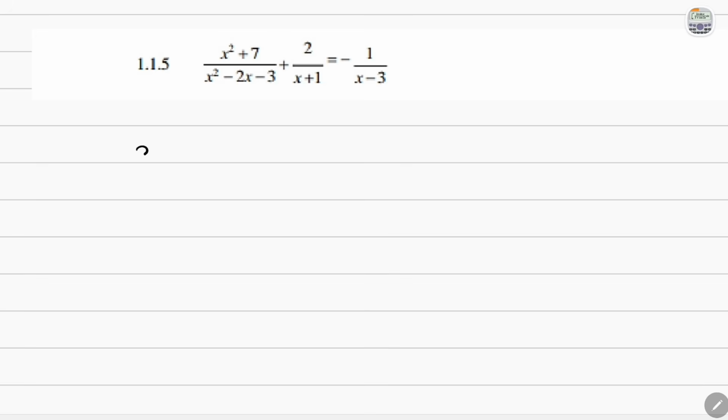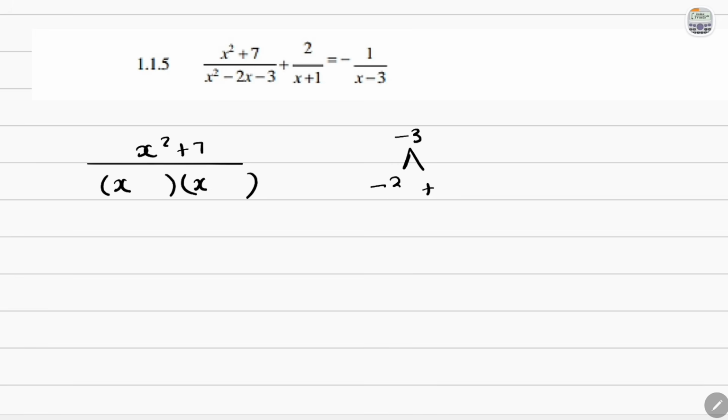So the numerator is still x squared plus 7, but then the denominator will factorize to open up two brackets, and what times what gives you x squared? That's x multiplied by x. And then what times what gives you negative 3, but will give you negative 2 in the middle. So one is negative, one is positive, and 3 is a prime number, so it's just 3 and 1.